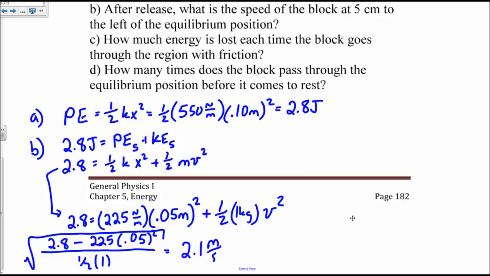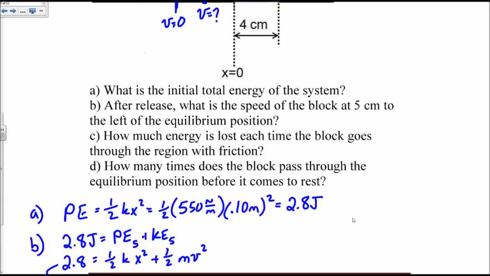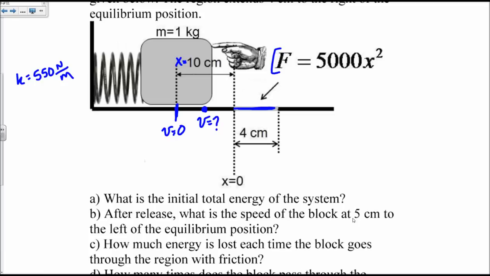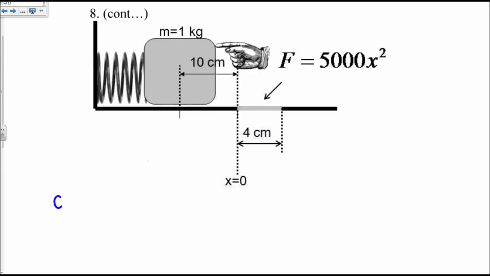So that's part B. How much energy is lost each time the block goes through the region with friction? I'll do part C right here. I want to know how much energy is lost. So for part C, the work done by this force, which is dependent upon position, is equal to the integral of F dx.